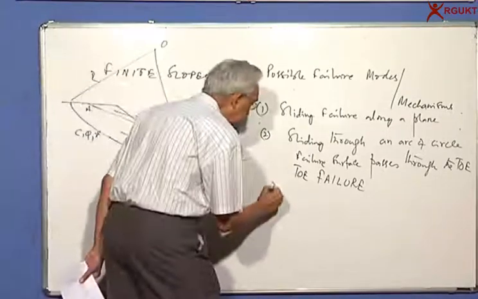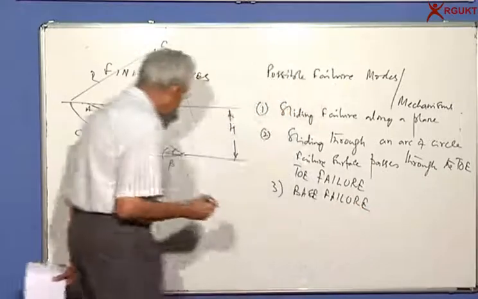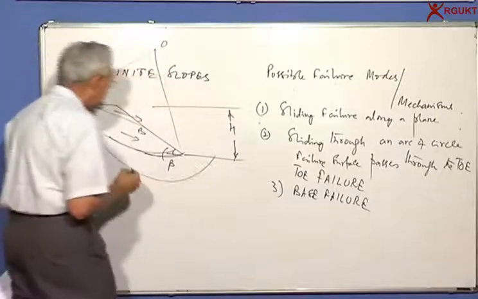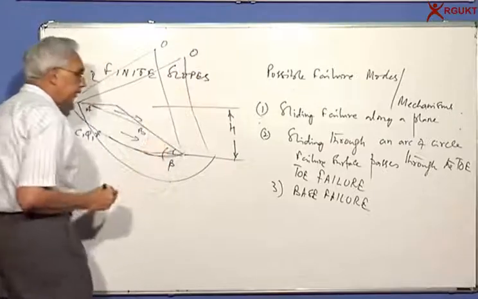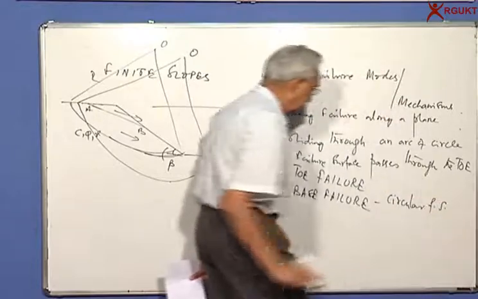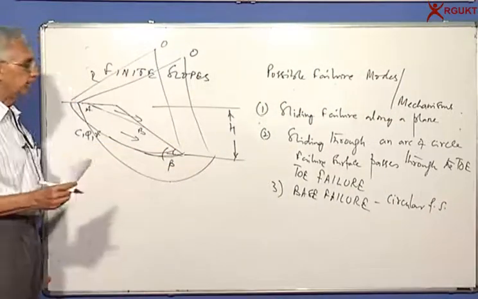You can have a base failure, which is, if the soil here is somewhat softer, I may get a failure surface something like here. Again, this is a circular arc failure surface, and the failure surface goes below the lower ground level.